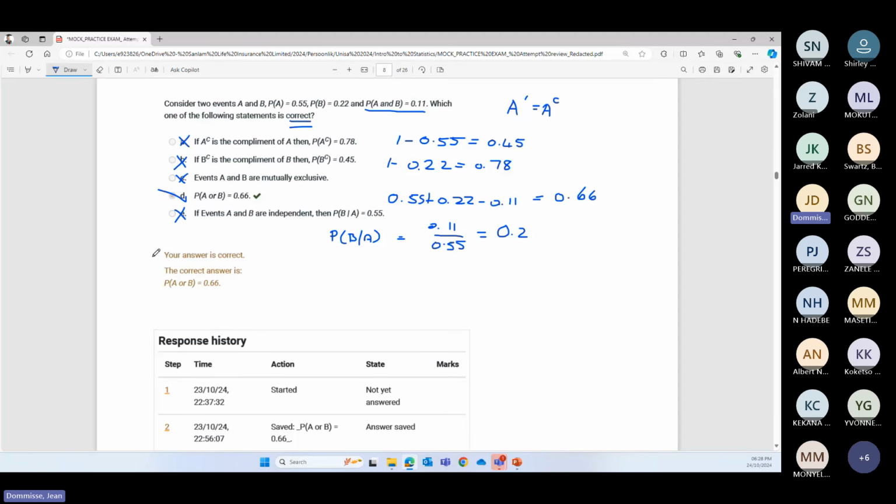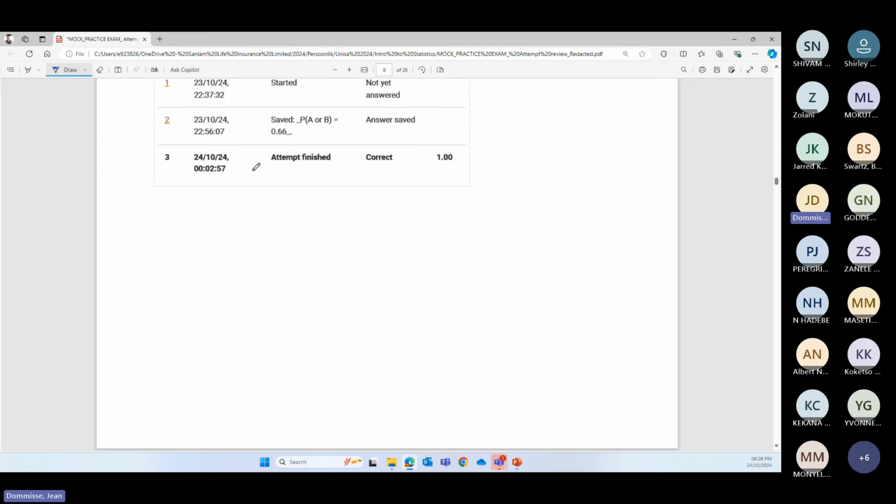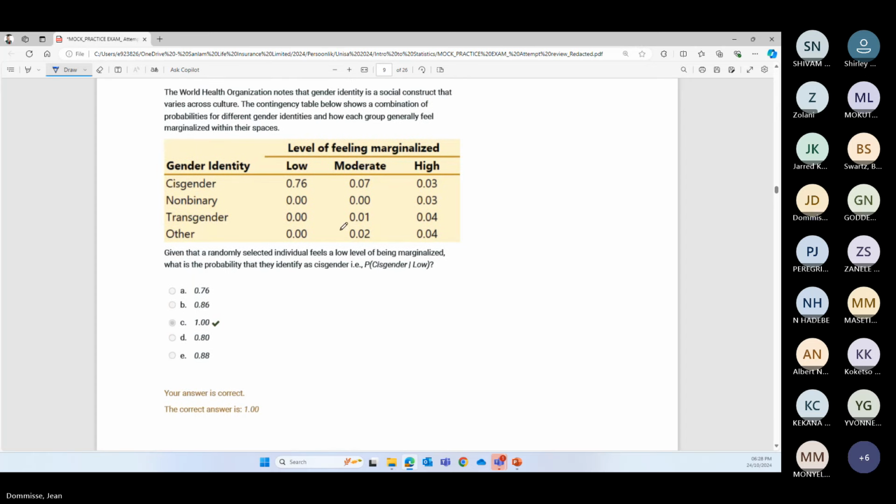Okay, so that was a nice probability one. So there's probably another probability, because then we need to get to a probability that is in a table. So we have this data.